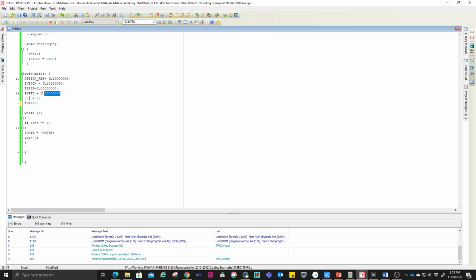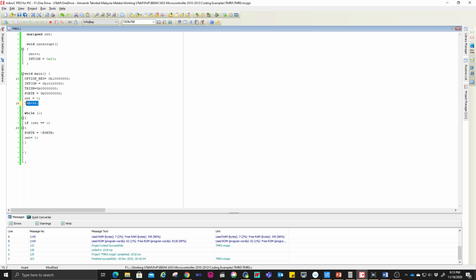Okay, CNT means count, so this is a variable. In C++, you must declare any variables you want to put inside your program. So for example, here, this count is a number, so I'm going to declare it as unsigned. You have to go and check the variables related to unsigned. So my count starts at 0.